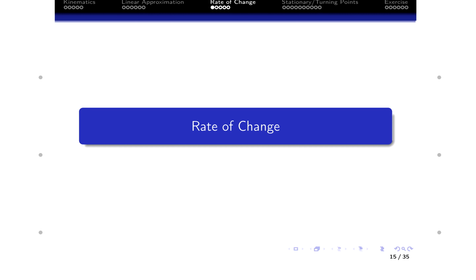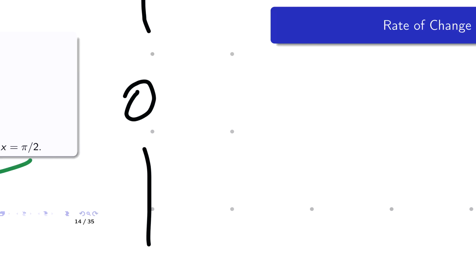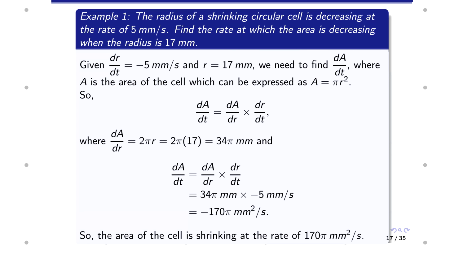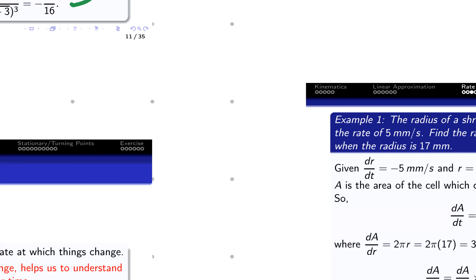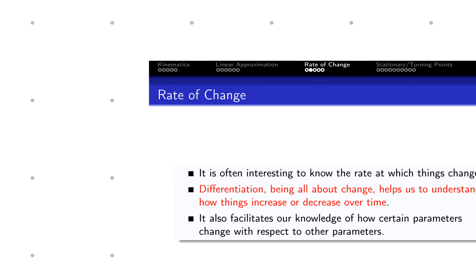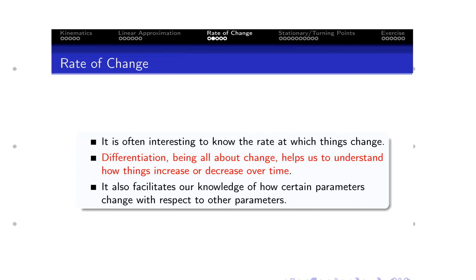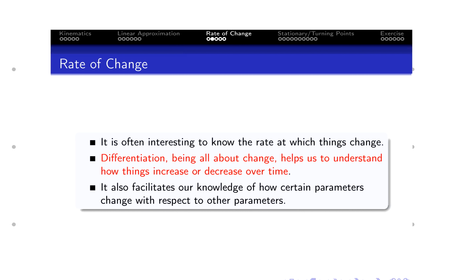And just like I always tell you, differentiation has application in almost every field of human endeavor, just because from time to time you have things changing. As time passes, things are changing. So let's look at rates of change. It is often interesting to know the rate at which things change.